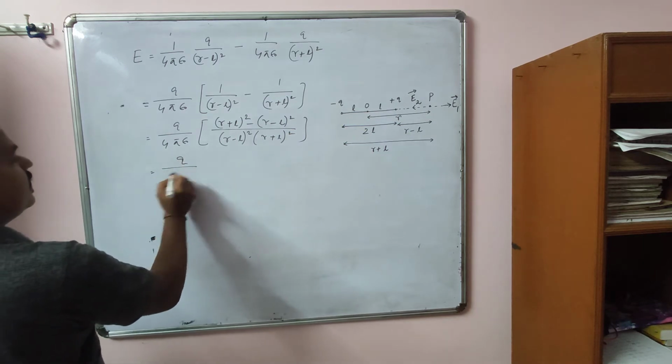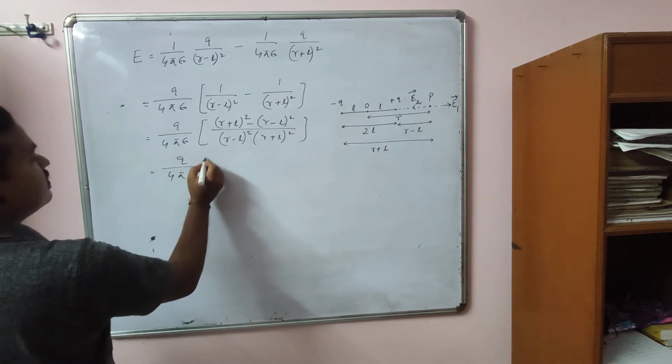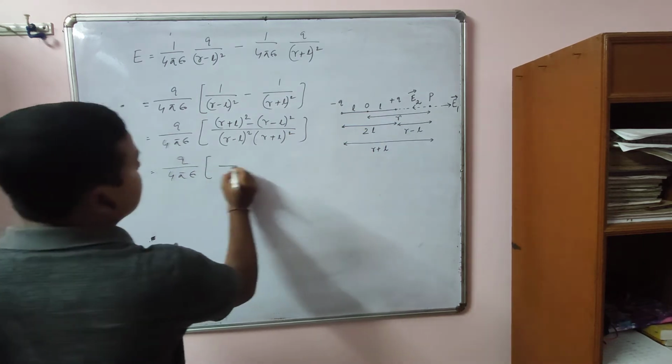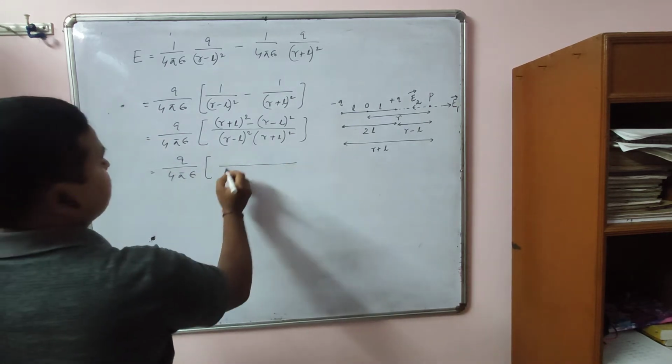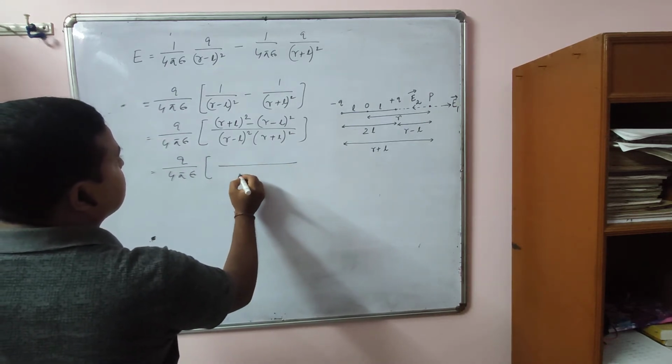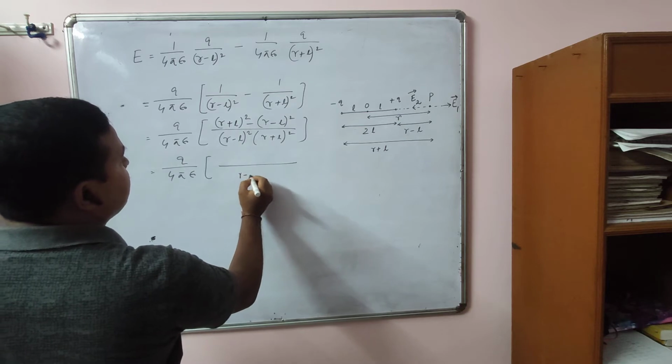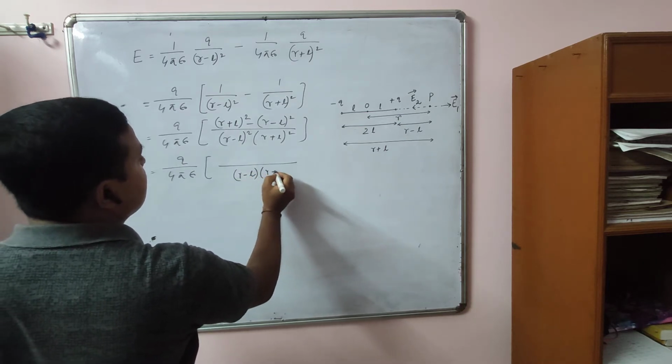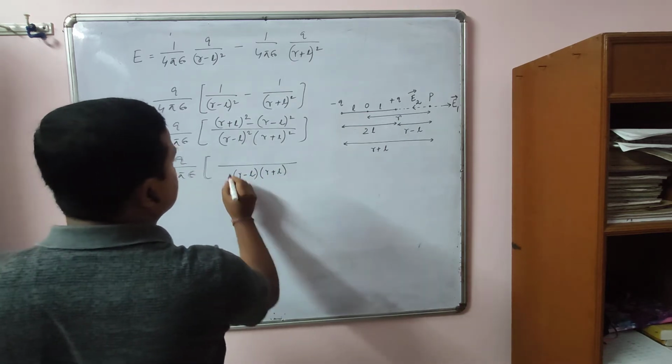So q by 4 pi epsilon, and here it is (R minus L)(R plus L) whole square.